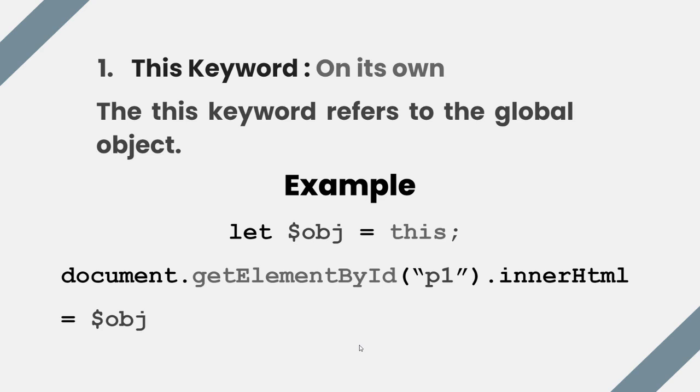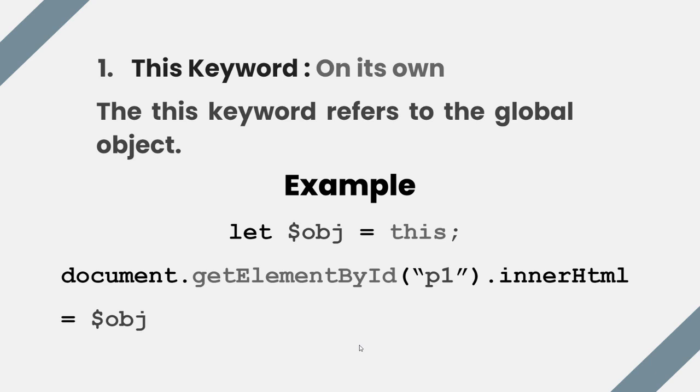Now, the object I'm talking about here is different from the object data type, so do not try to think of it as a data type. No, everything in JavaScript is an object. Even HTML itself is also an object. So the this keyword here would refer to the global object in this instance where it is on its own.